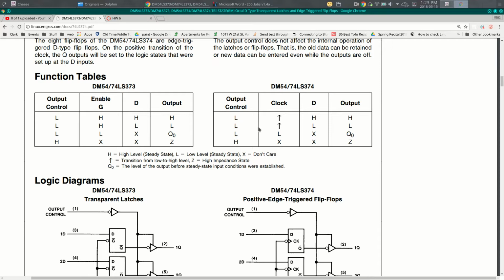That's got to be low, otherwise if it's high, your output isn't asserted. It's in state Z, which means it's not a 0 or a 1. So pull your output control to ground, just hardwire that. And then every time the clock rises, if D is high, the output's high. If D is low, the output is low. Okay, so this is one chip. It has 8 of these flip-flops that we've been talking about.